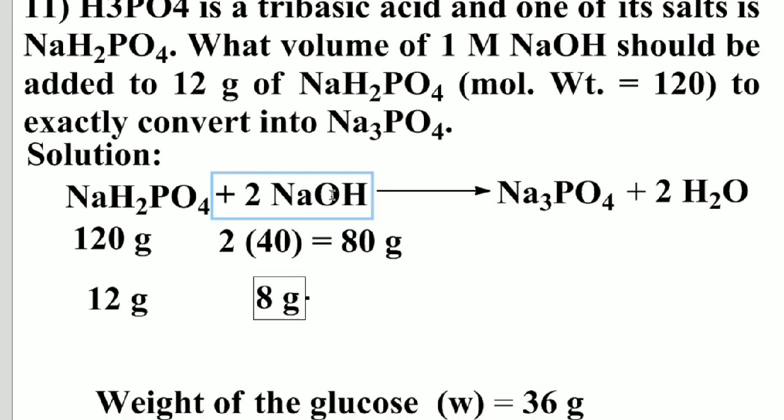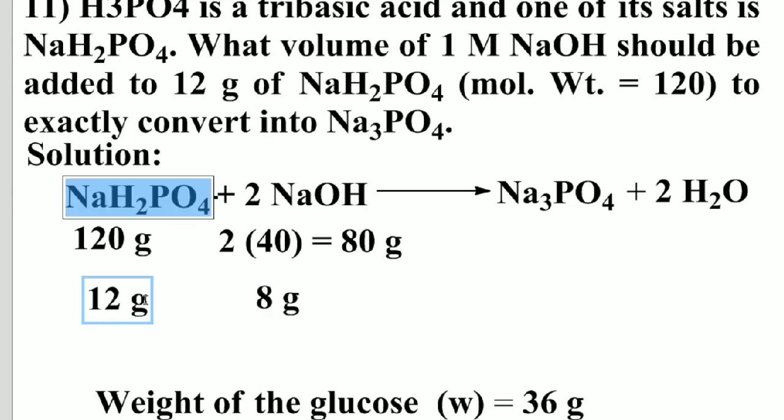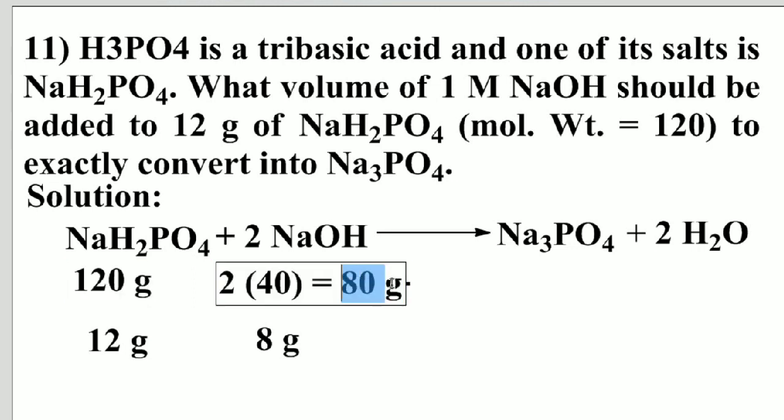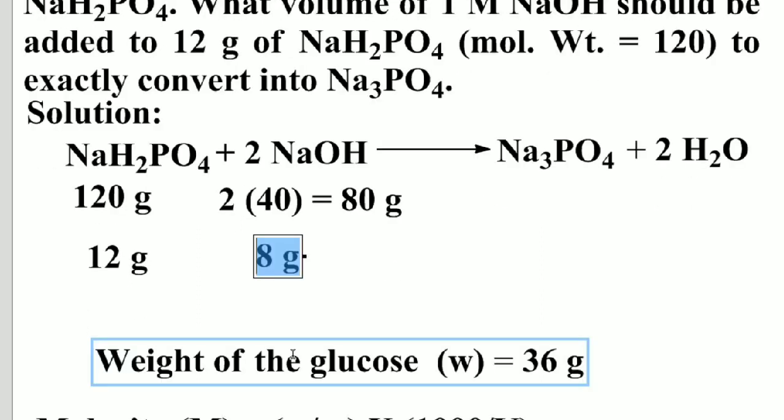So the weight of the NaOH is 8 grams whenever the NaH2PO4 is 12 grams. For 120 grams of NaH2PO4, we should add 80 grams of NaOH. For 12 grams of NaH2PO4, we should add 8 grams of NaOH.